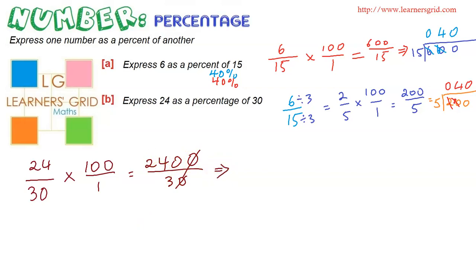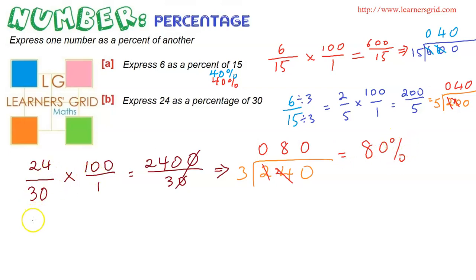Next step is I need to solve 240 divided by 3. 3 into 2, that's not happening. Carry the 2 over here. 3 into 24 is 8. Nothing left over. 3 into 0 is 0. Done. So the answer, 80%.